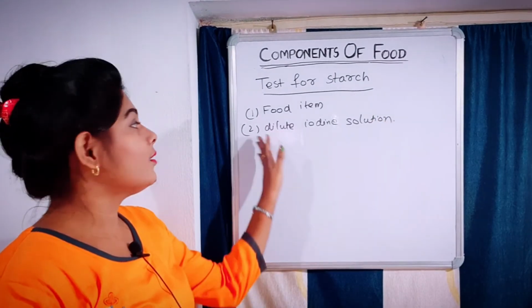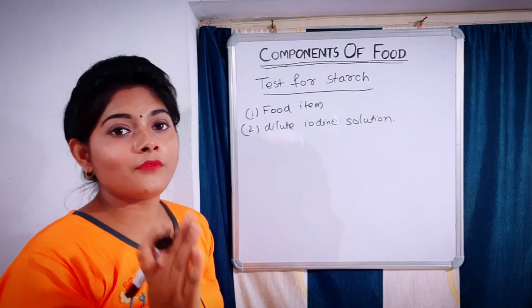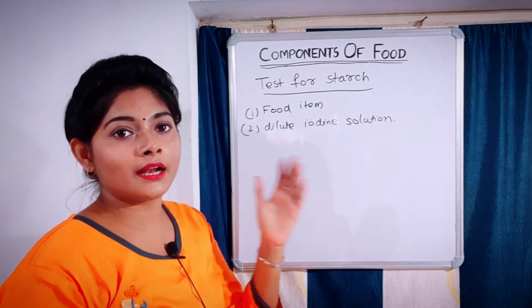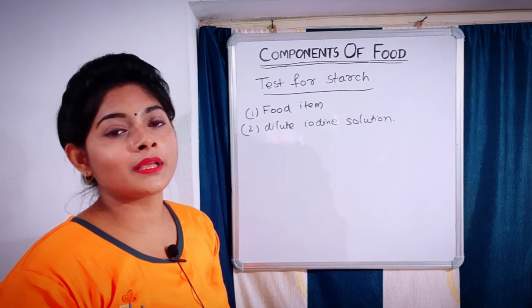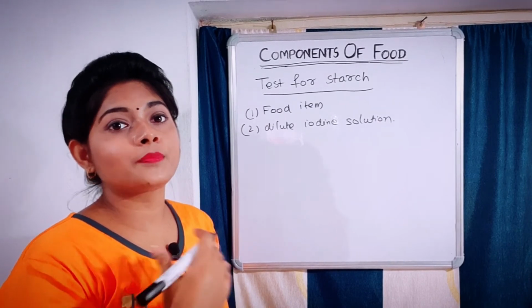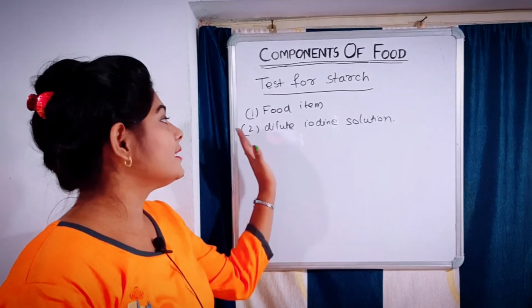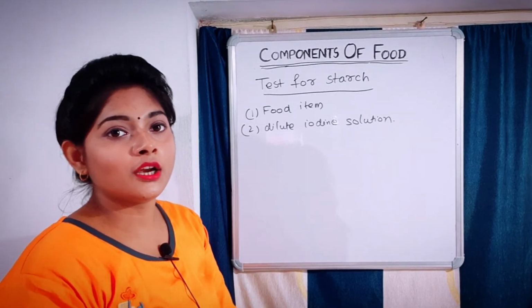Now the question is, what is this dilute? One is concentrated and another is dilute. What is the difference between both? Concentrated means intense, that means the proportion is high, and dilute means the proportion is low.